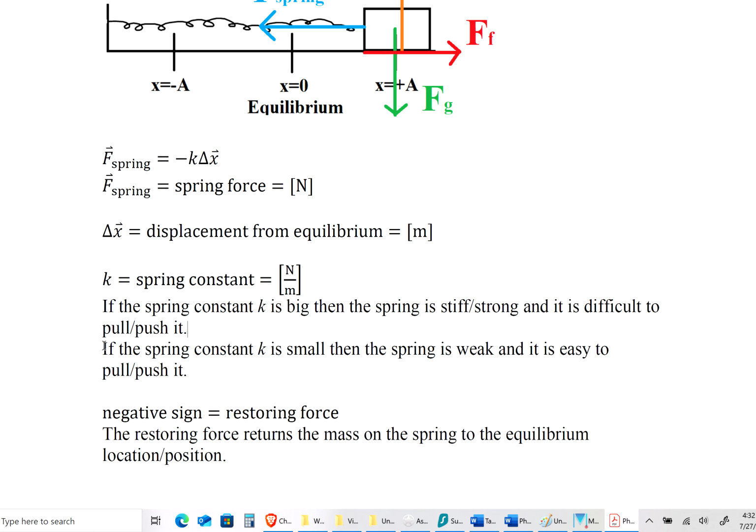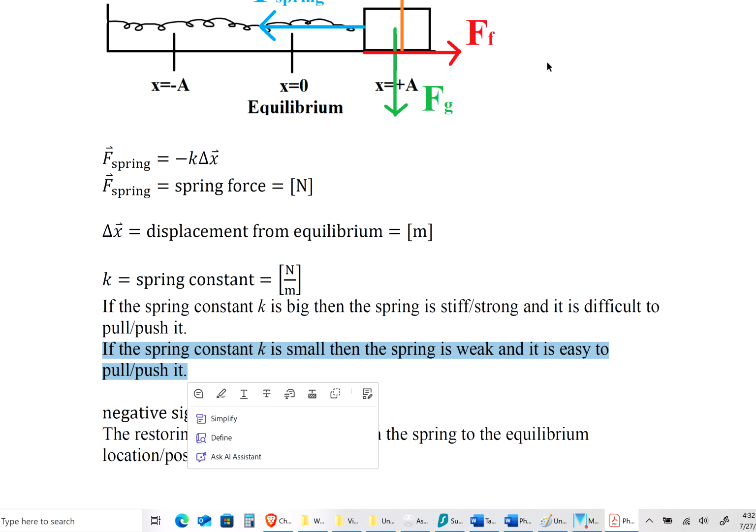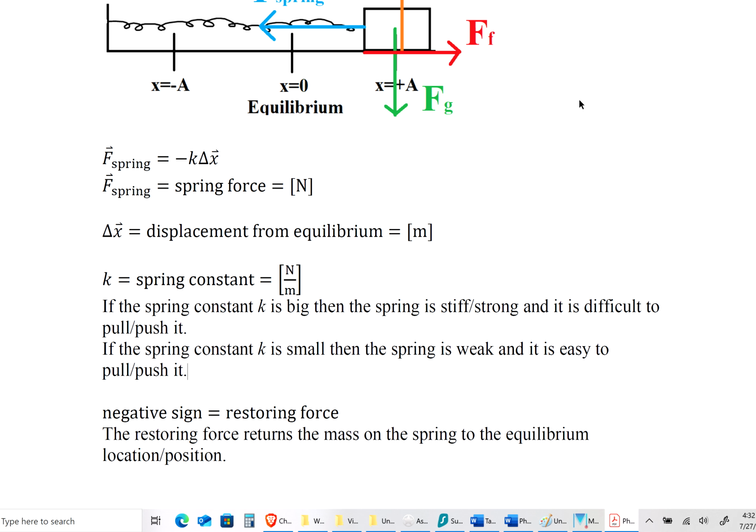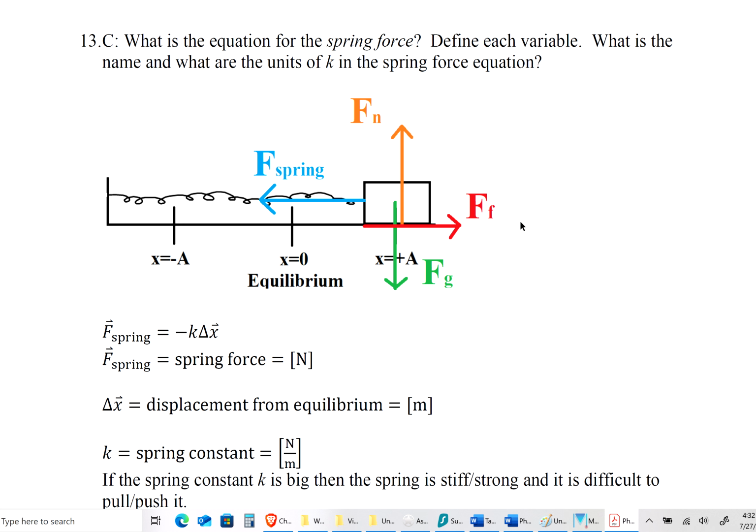If k is small, then it's very easy to compress the spring. This negative sign is called the restoring force, and it returns the mass on the spring to the equilibrium position. So if there's no friction, you release this object, it just goes left and right forever.